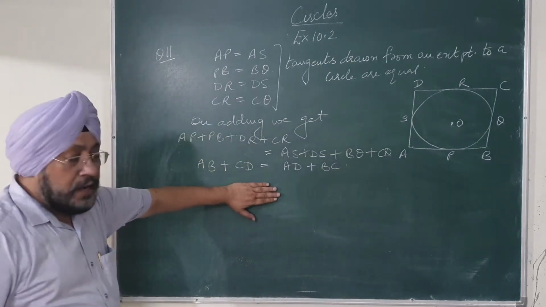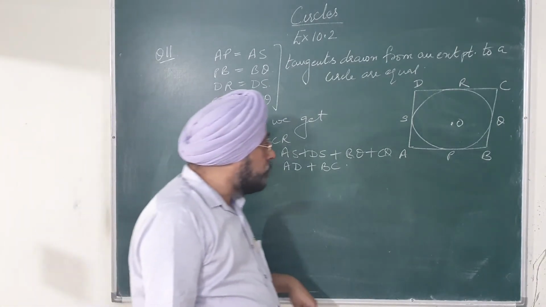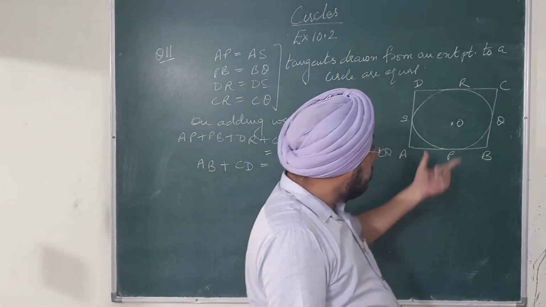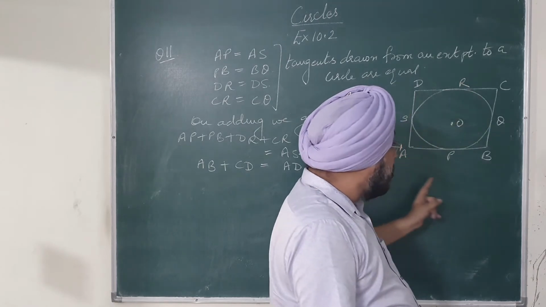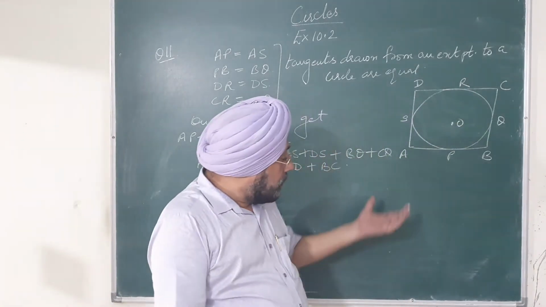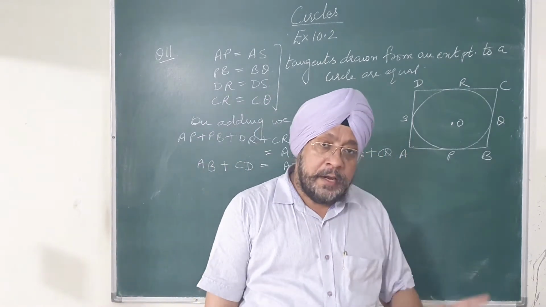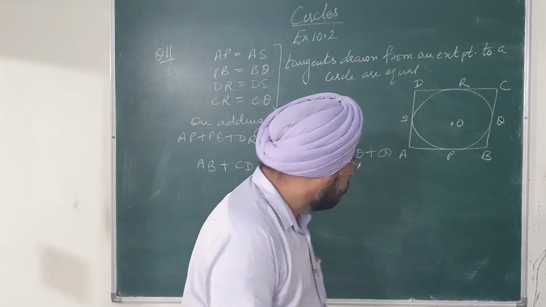Now we have to show that if ABCD is a parallelogram circumscribing a circle, then ABCD must be a rhombus. And we know that if we prove that the adjacent sides of a parallelogram are equal, then the parallelogram becomes a rhombus.